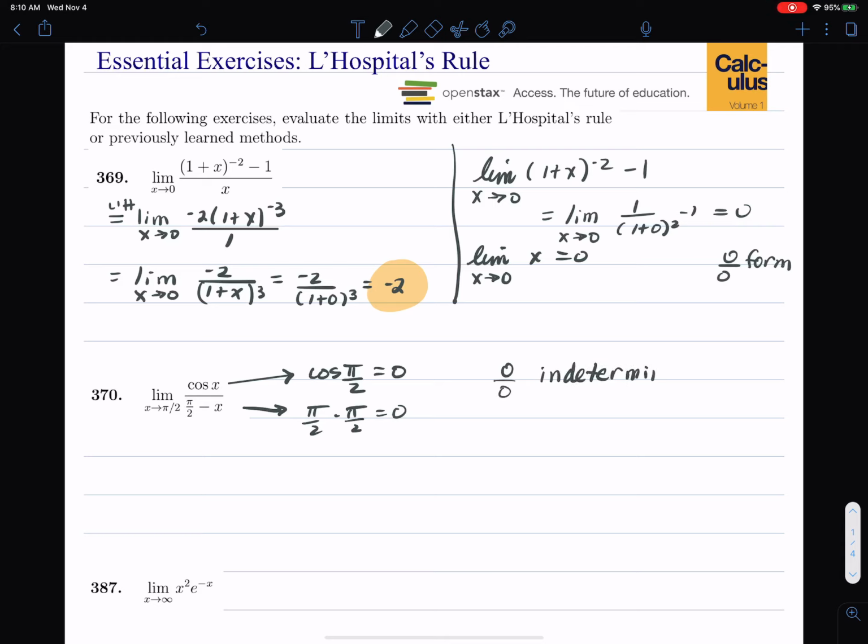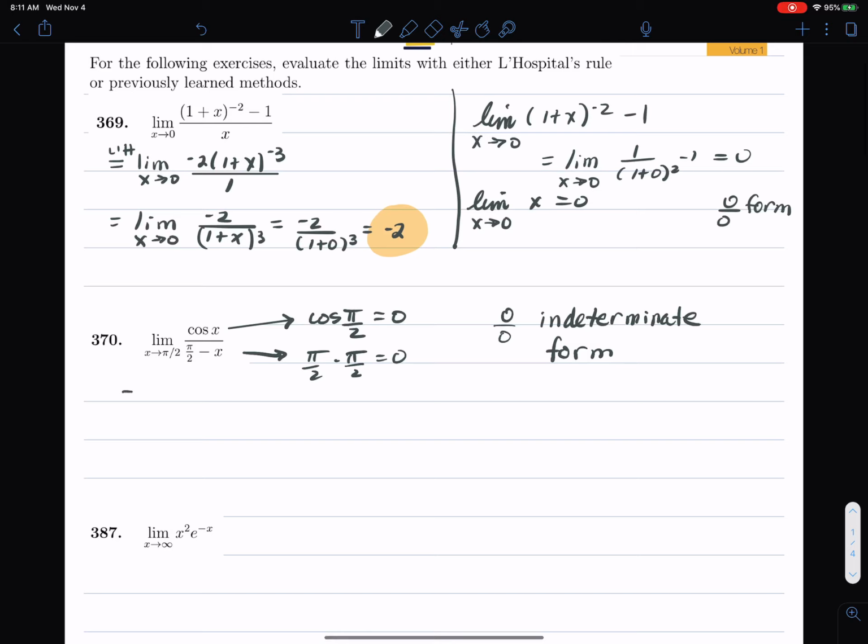Usually I just write 0 over 0 form, because indeterminate is such a long word. Anyway, let's go ahead and apply L'Hopital's rule here, where again I take the derivative of the numerator and the denominator. The derivative of cosine x is negative sine x. And the derivative of the denominator, well, what's that?